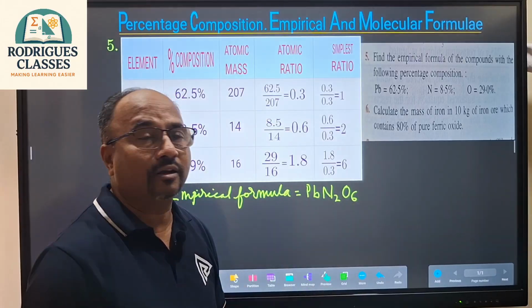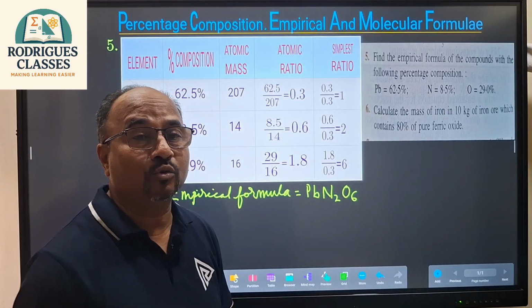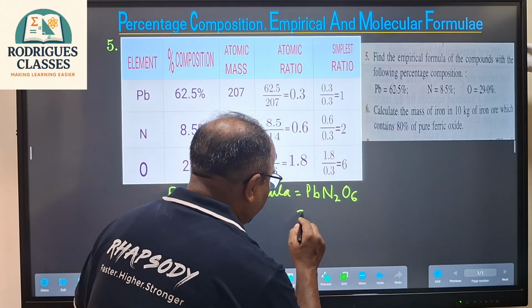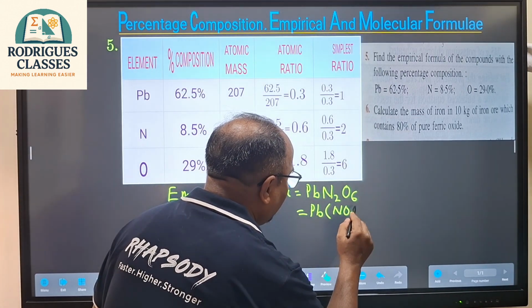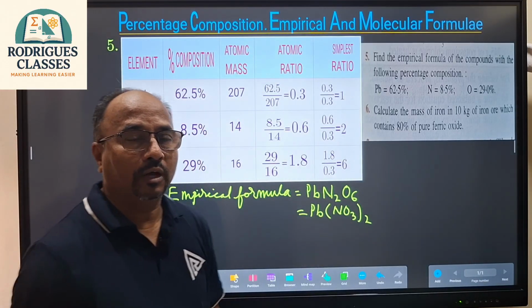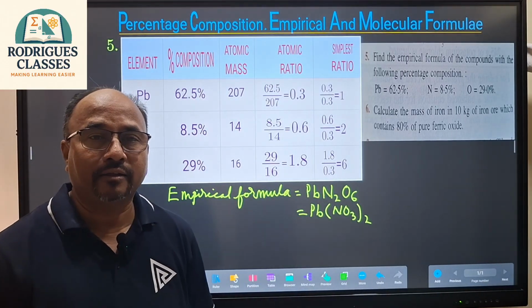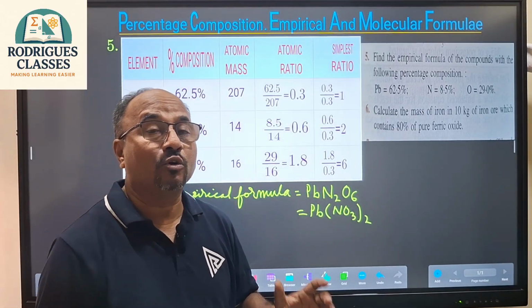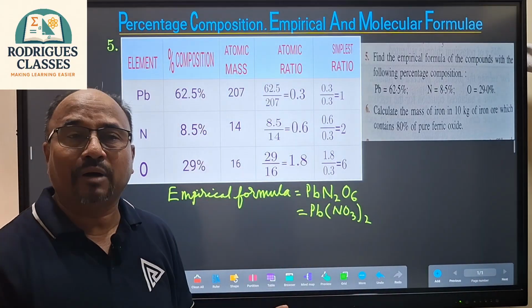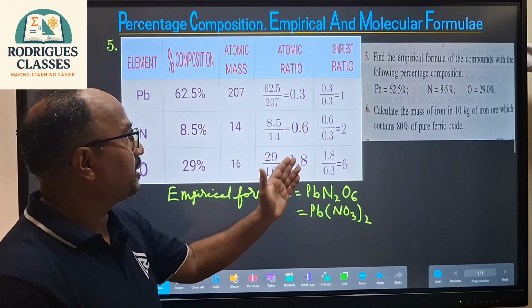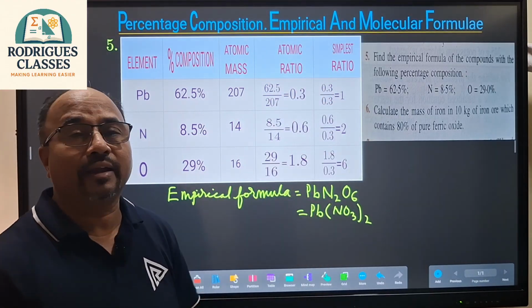Because N and O are 2 and 6, which can be written as Pb(NO3)2, and so it becomes lead nitrate. So this is the way you will work out whenever you have to find the empirical formula. The table is a must, and find atomic ratio, find the simplest ratio and write it in this way.